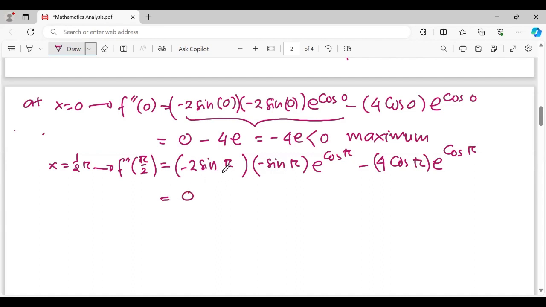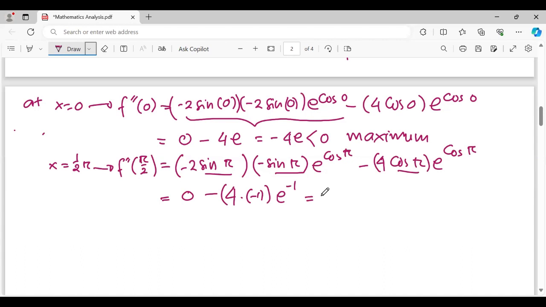Sine pi is 0, so this part is 0 minus 4 times minus 1 times e power minus 1.